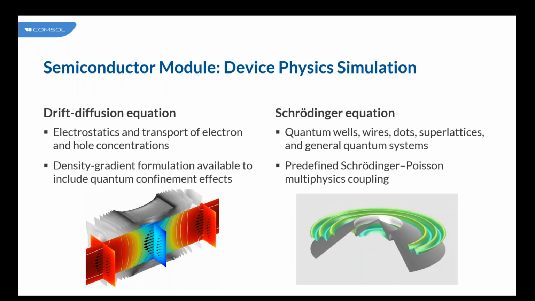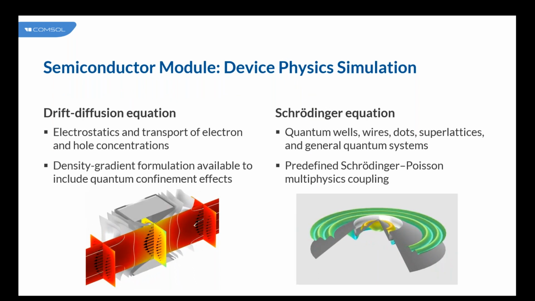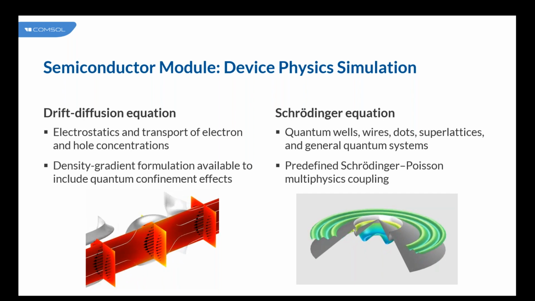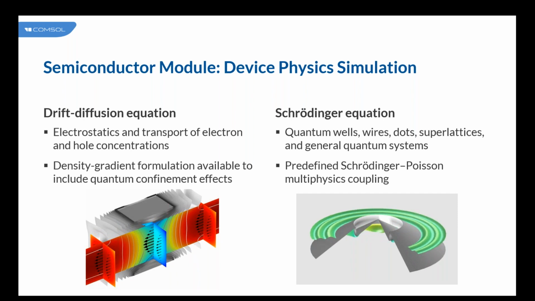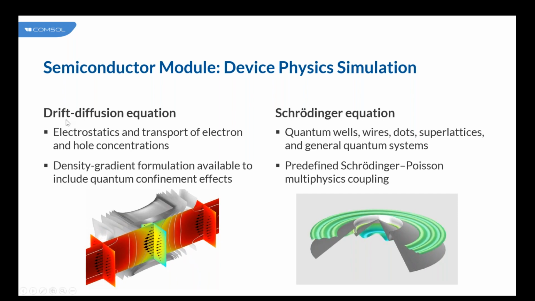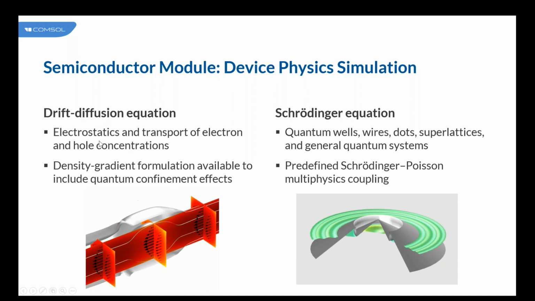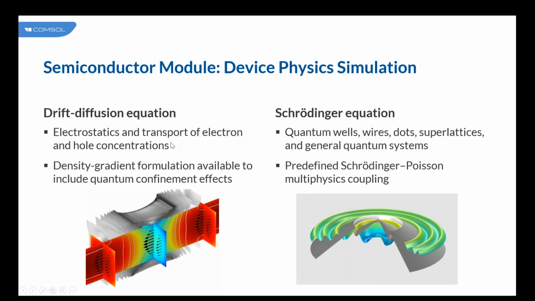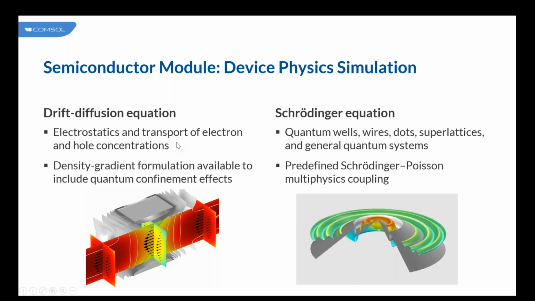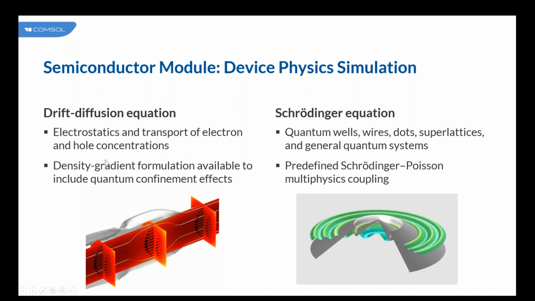So the Semiconductor Module majorly provides two kinds of equation-based interfaces. One is the Semiconductor interface based on the drift-diffusion equation. It solves both transport equations to calculate electron and hole concentrations.